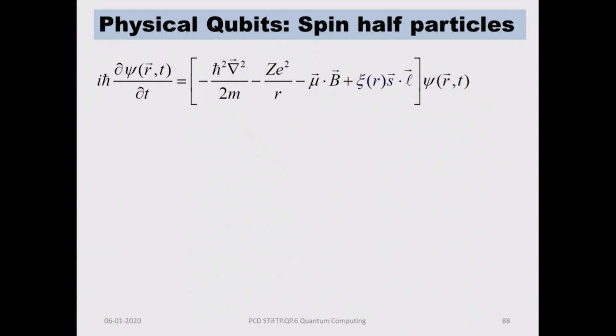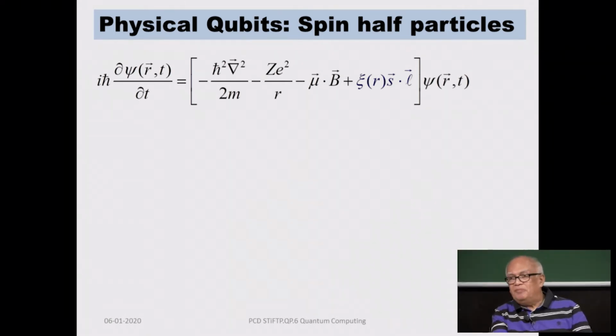So if you write the Schrodinger equation for such a system, it will have various terms. You can have the kinetic energy term, you may have the potential energy term in the field of the nucleus, you may have the interaction term of the magnetic moment with the magnetic field. You may have different sources of magnetic moment, you may have a spin angular momentum, you may also have an orbital angular momentum, and you may therefore also have the spin orbit coupling, which is the S dot L term.